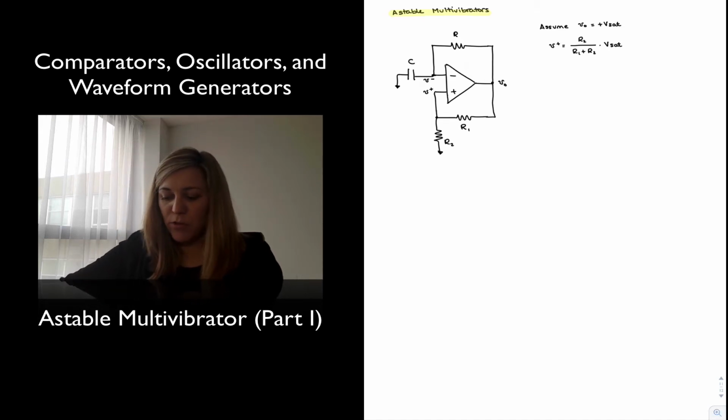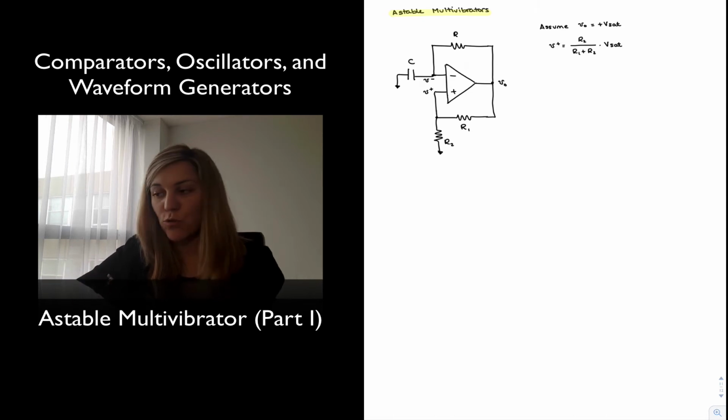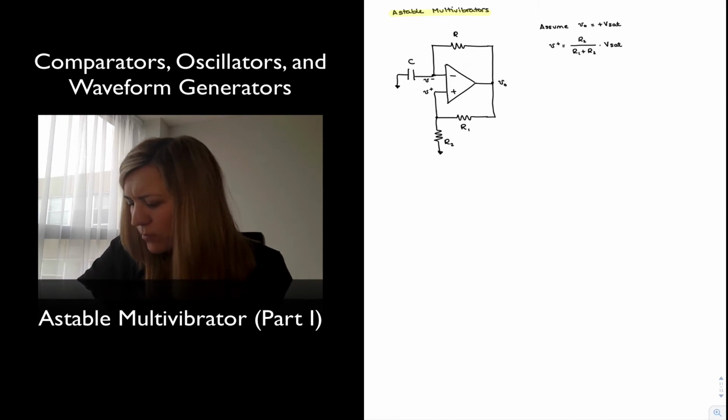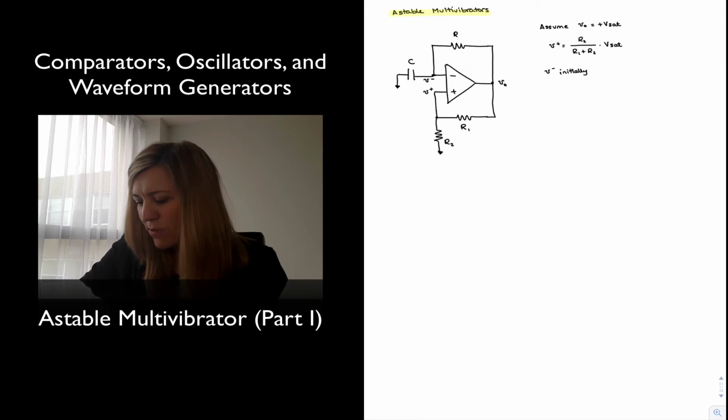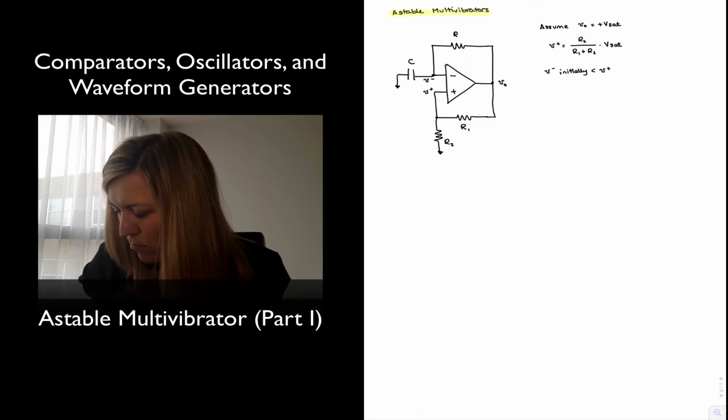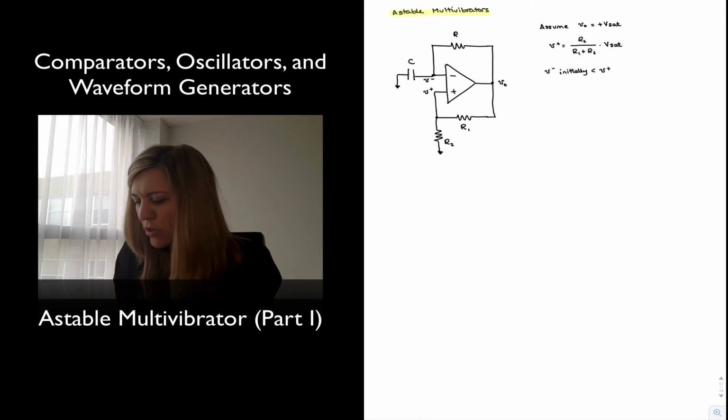Now what's going to happen on the other side is that capacitor C is going to start charging, and so the V minus voltage is going to start going from zero, if the capacitor was initially discharged, and it's going to start increasing. So V minus is originally less than V plus. That's how we got Vout sitting at positive Vsat.